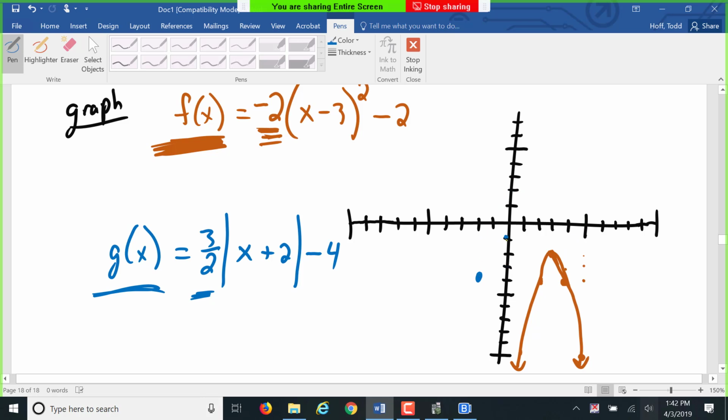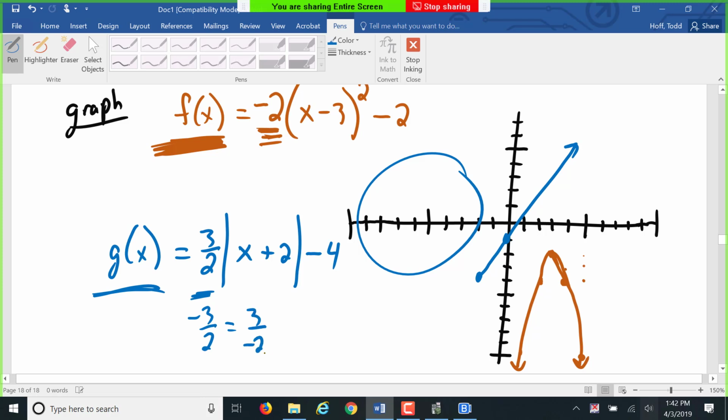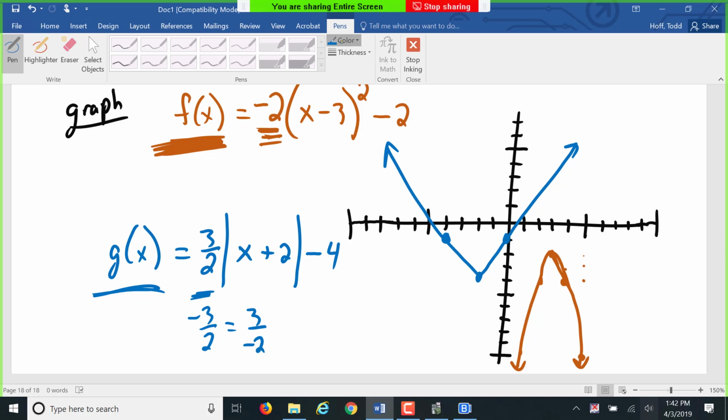So I go up 3 over 2 is right there. On this side, what slope is it going to have? Negative 3 over 2. And what I'm going to do is change it to positive 3 over negative 2. So I'm going to go up 3, back 2 to get to that next point. And there is my graph.